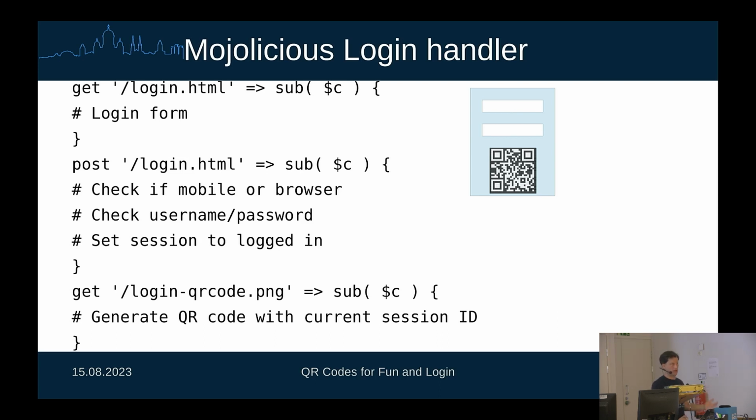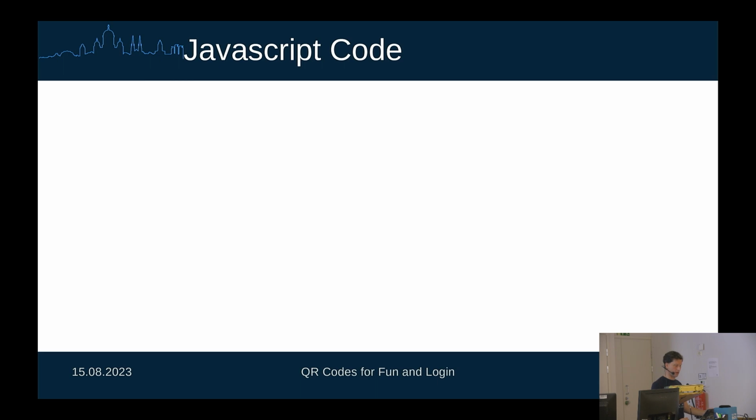This is maybe 100 lines of code. It's also on GitHub, so it's not really hard. And the JavaScript code is a bit more code, but it's mostly boilerplate to set up something that you can install on your phone so that it looks like an app, and that it does not need to load from a web server.